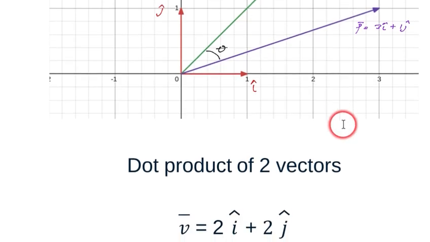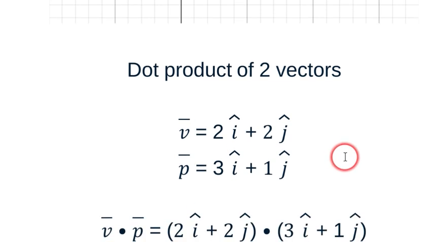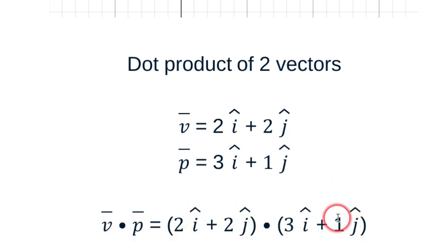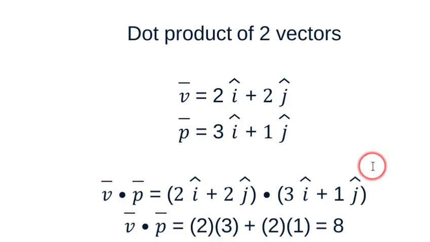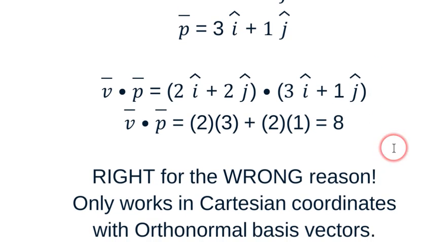Okay? So here's the way we were taught in school. We got 2 vectors defined with these unit vectors. We want to multiply them together. So what we do is say it's 2 times 3 plus 2 times 1 is 8. So the dot product, the scalar product of these 2 vectors is 8. Okay, well, that's the right answer, but it's for all the wrong reasons.